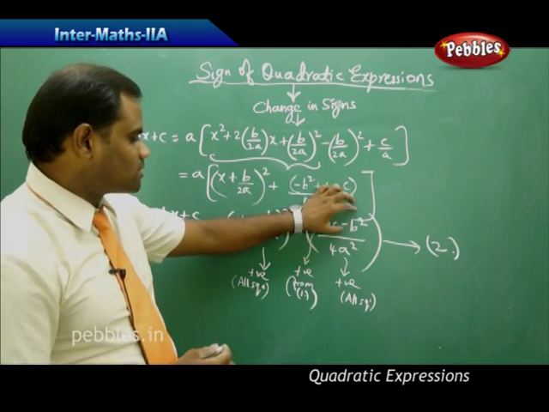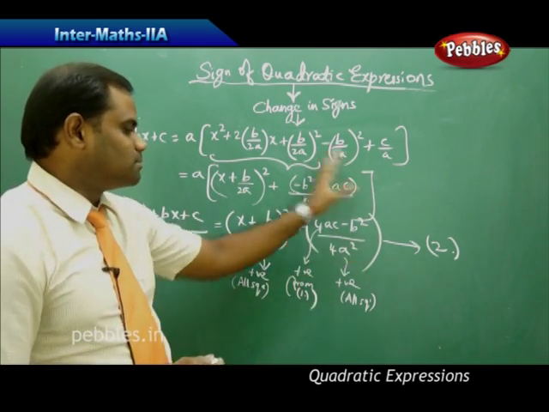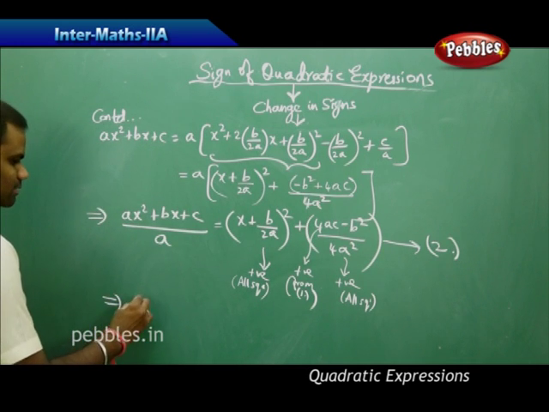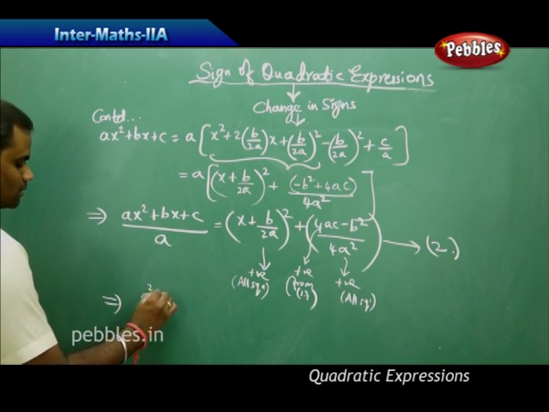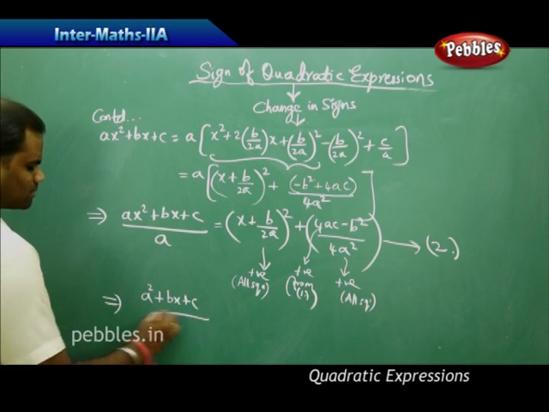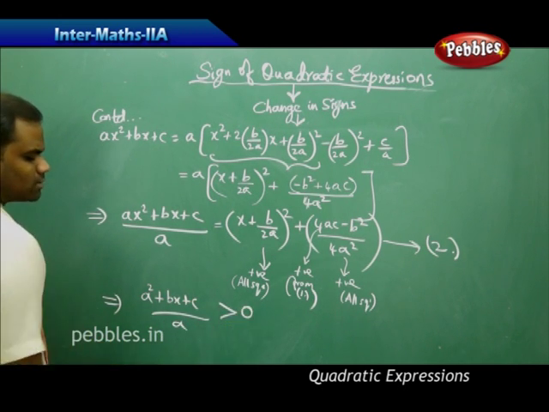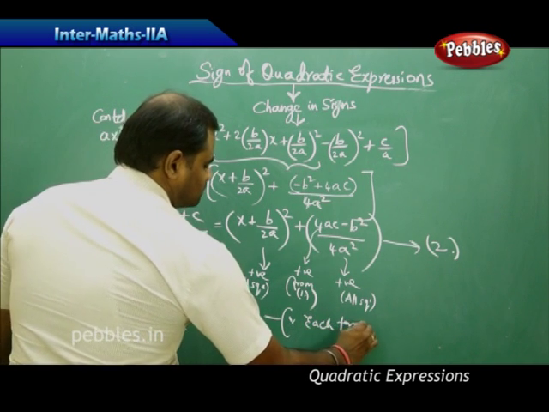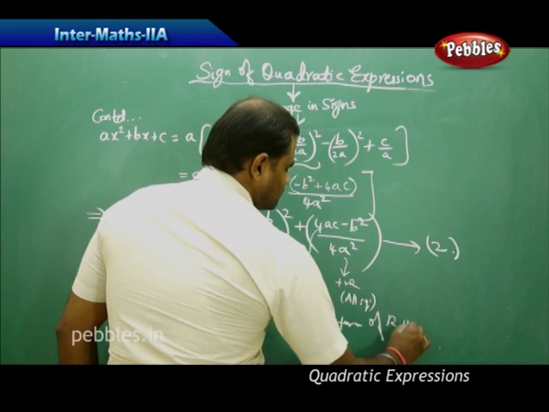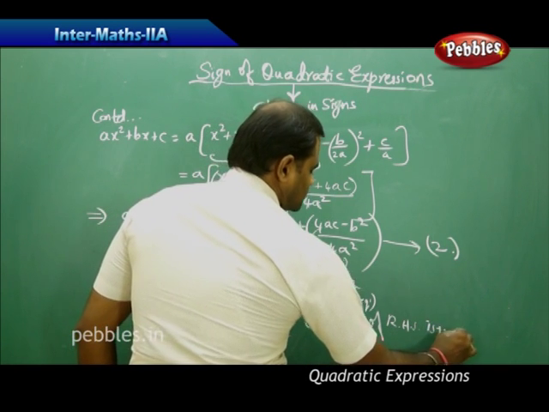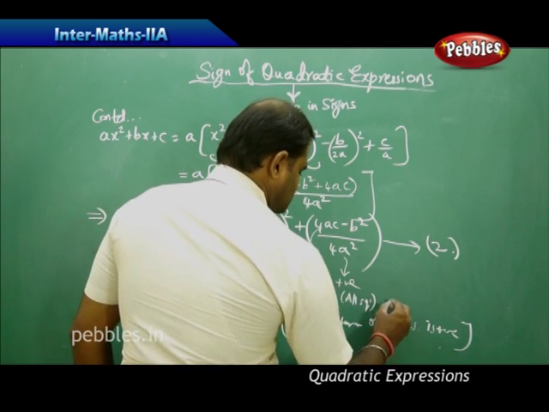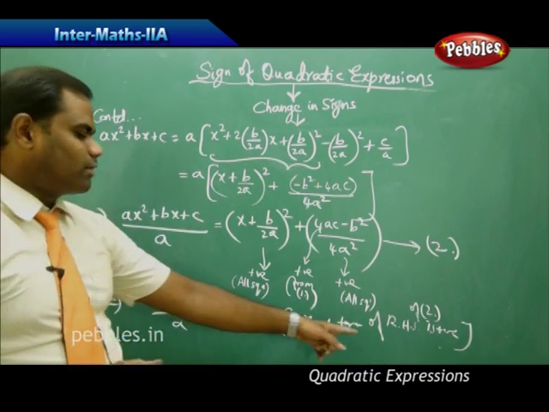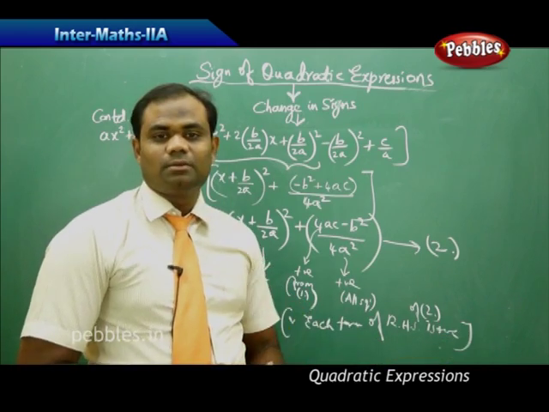So positive, positive, and positive when added gives me a positive term. Therefore ax square plus bx plus c by a is a positive term, since each term of the right hand side of equation 2 is positive.